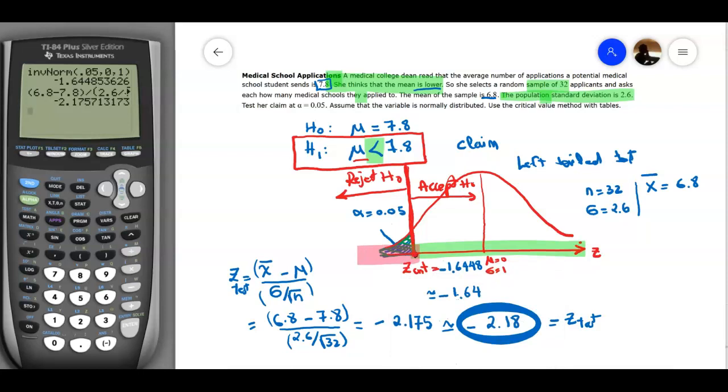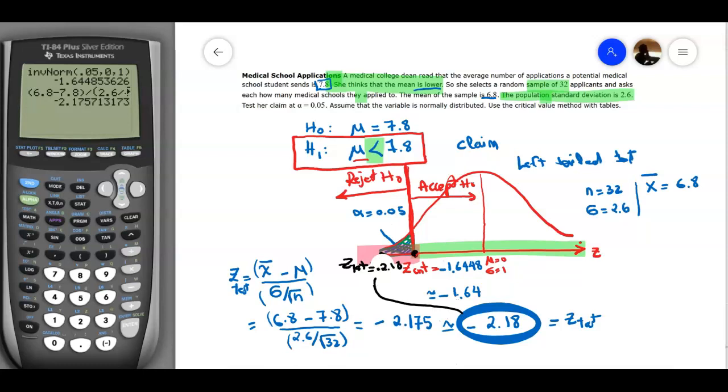So if I place minus 2.18, the location of minus 2.18 will be right here somewhere, definitely after this value, which is minus 1.64, right? So this is my z-test, which is minus 2.18.